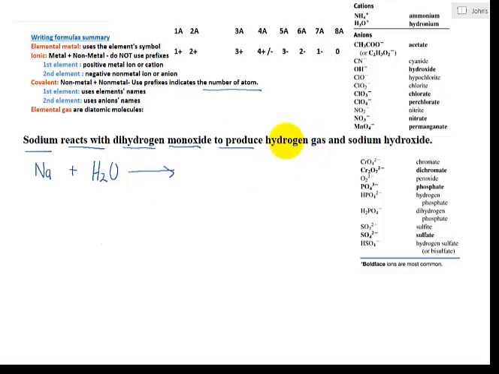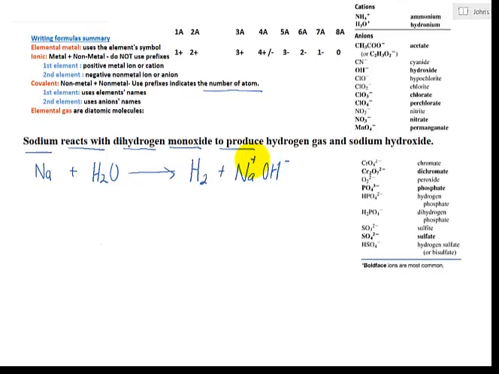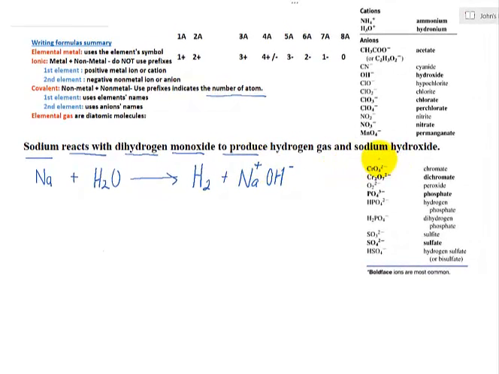Hydrogen gas, that would be your elemental gas, so it's going to be diatomic. Here we have H2, since it exists as diatomic molecules, and we have sodium hydroxide. Sodium is Na, and hydroxide is OH minus, okay? In this case, Na plus and OH minus. Now how do I know this is an ionic compound?